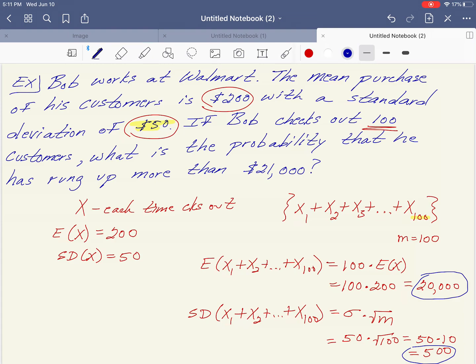What is the probability that he has rung up more than 21,000? So what is the probability that this sequence, the x1 plus x2, all of these customers coming through, adding up to that 100th customer, is more than 21,000?